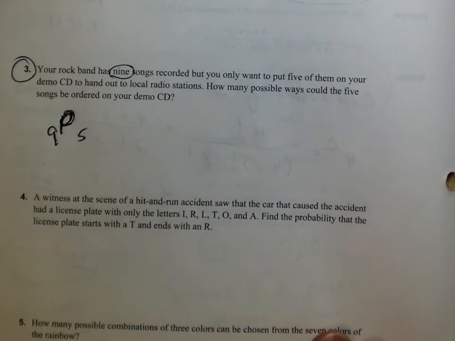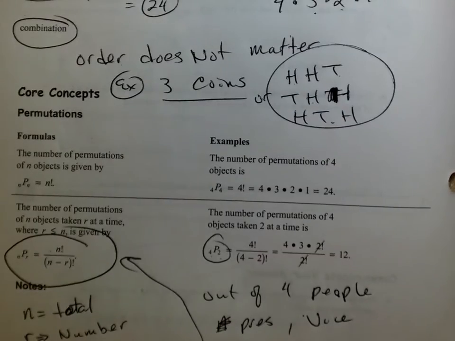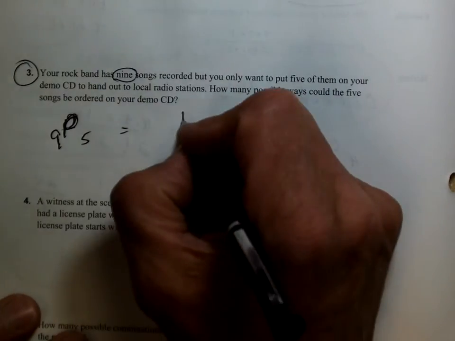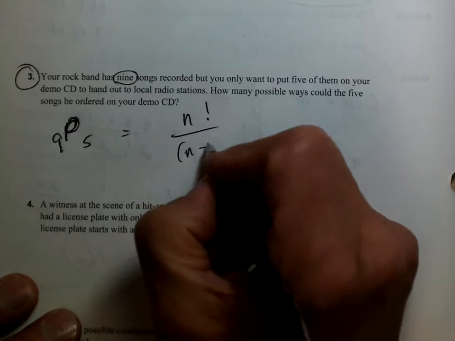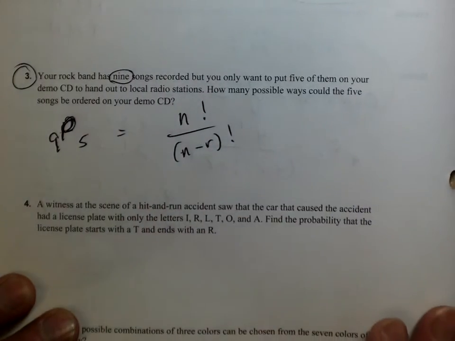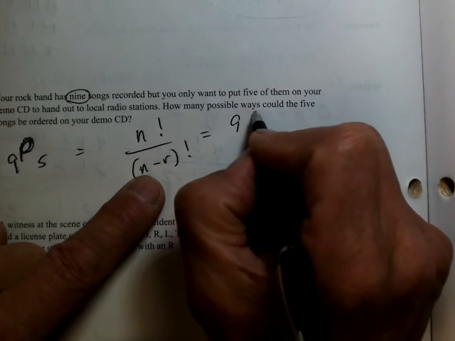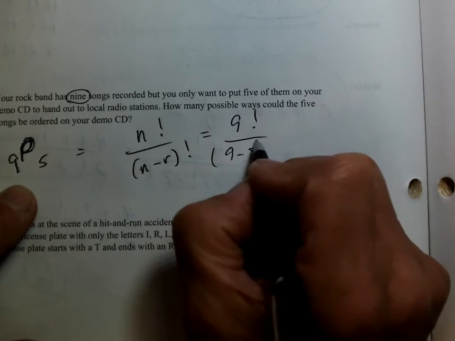If I reverse that, that would be a different CD. You guys agree? So my formula is n factorial over n minus r factorial. So I'm going to have 9 factorial over 9 minus 5 factorial.